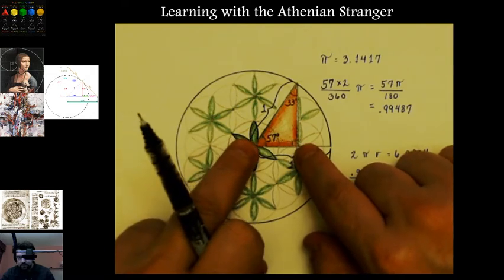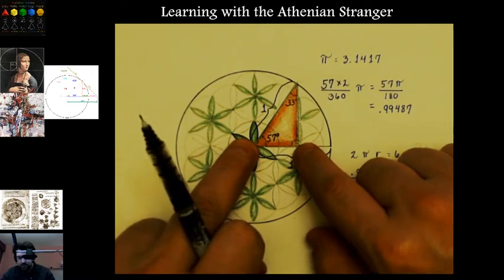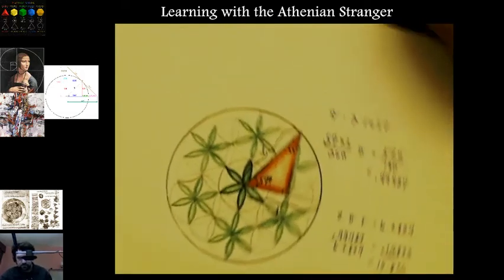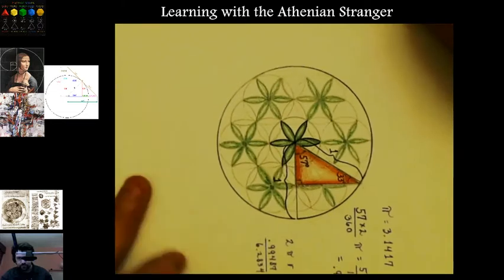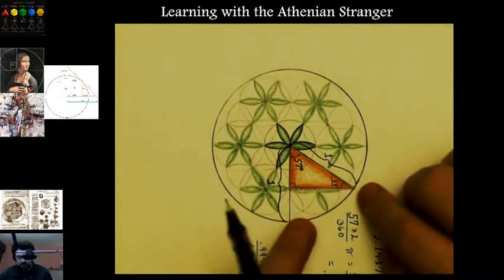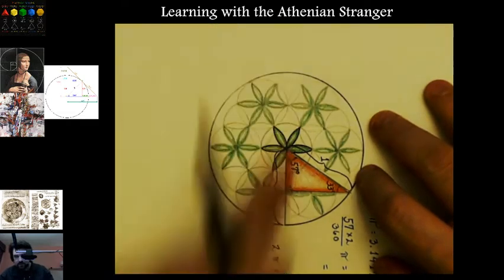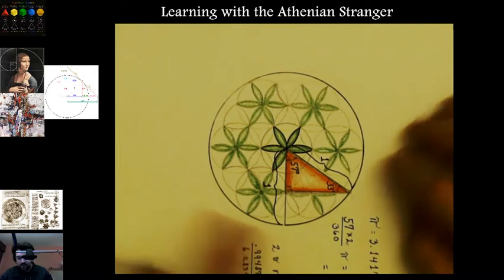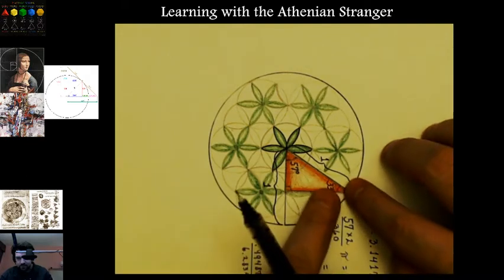If this is the cosine of 57, then if I were to turn this whole thing on its side, and we now think of this as my vertical axis and this is my horizontal axis, I'm now looking at the 33-degree angle.